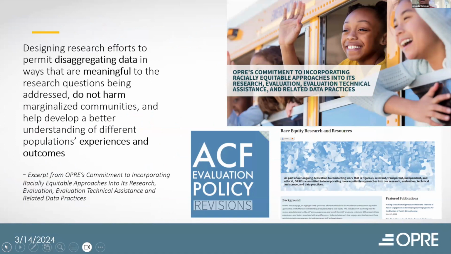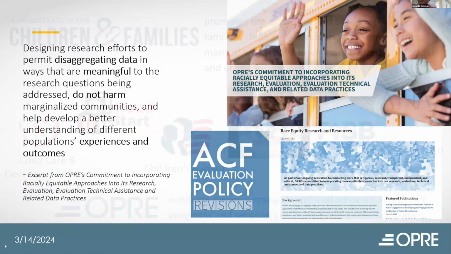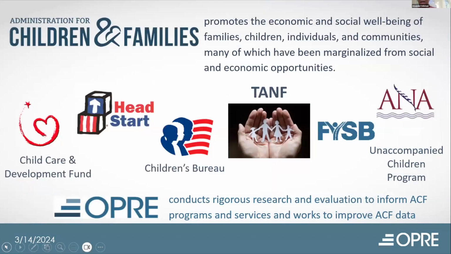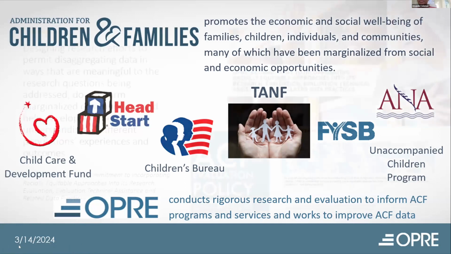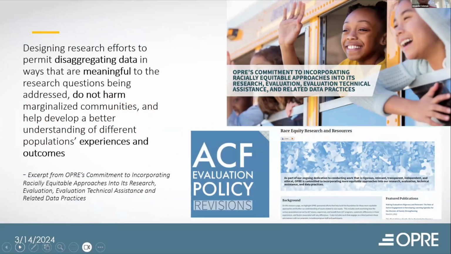We also conduct research synthesis, descriptive and exploratory studies, and most of our research is conducted through contracts awarded to research firms, but we also do award grants to academic researchers. We also provide guidance and technical assistance to ACF programs on research, evaluation, measurement, and strategic planning, and we also more broadly work to improve the quality, usefulness, and sharing of data on ACF programs. Next slide, please. Thank you.